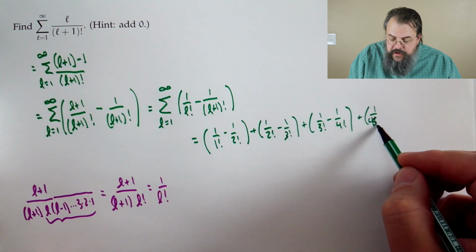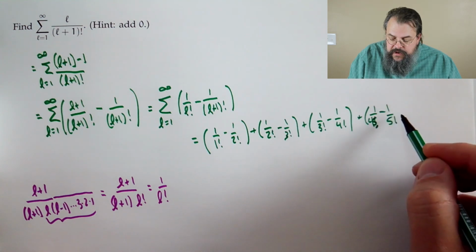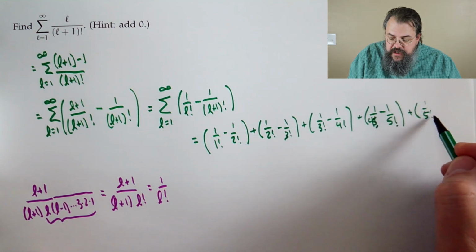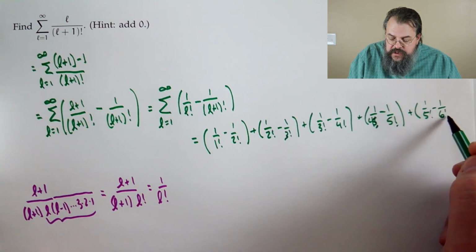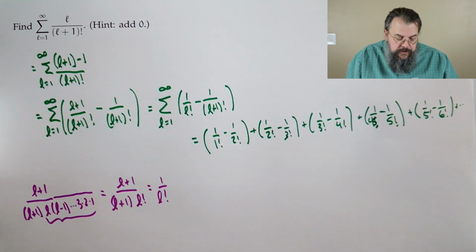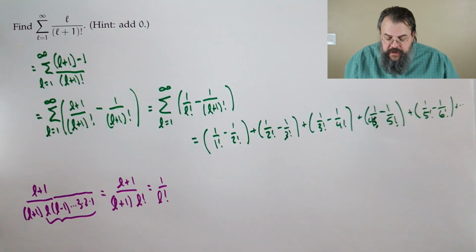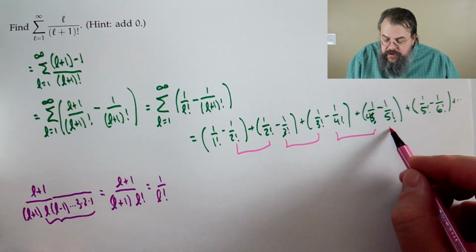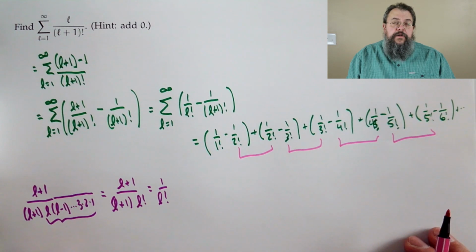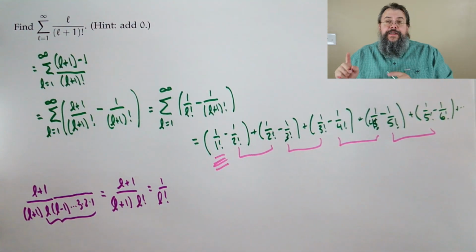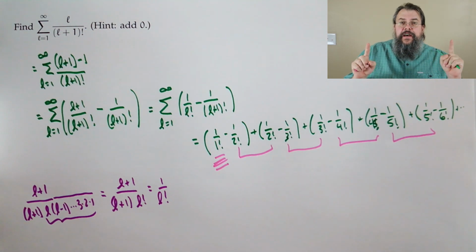Whoops. If I could get these numbers right. So what's going to end up happening is we're going to get a lot of cancellation, and we have to think about what's left. Well, what do we mean by lots of cancellation? Offset of 1, cancel, cancel, cancel, cancel, cancel, and what's left? You have the term at the start, and then you have that sort of trailing term on the end.